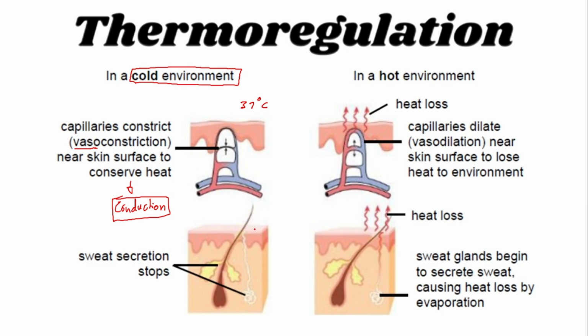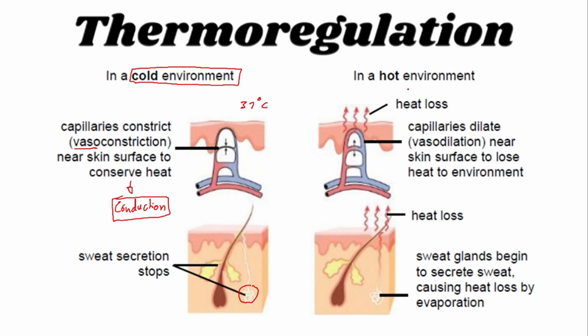Okay, you're cold, so basically the sweat glands will become more dormant, or there won't be any sweat secretion on the surface of the skin. And this is a nice example of the exocrine gland. Like the sweat gland acts as an exocrine gland, and it will then release the sweat that way, right? But in this case, it's very cold.